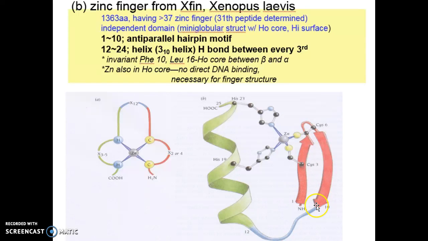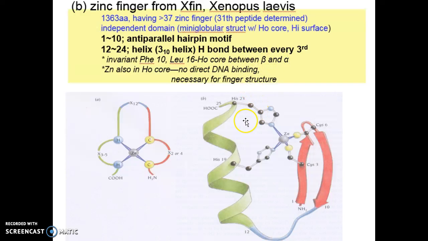Basically, residues 1 to 10 make an antiparallel hairpin motif. Residues 12 to 24 form a 3-10 helix, where a hydrogen bond is made between every third residue, and hydrophobic interactions are also formed by phenylalanine 10 and leucine 16, located between the beta and alpha.